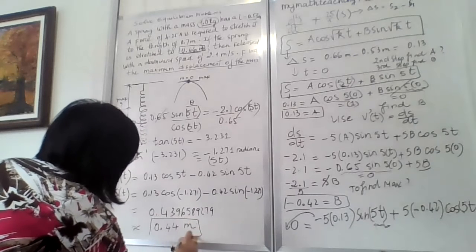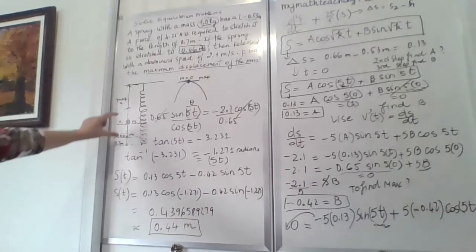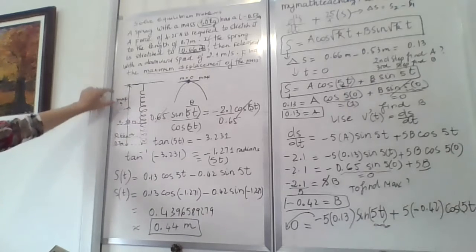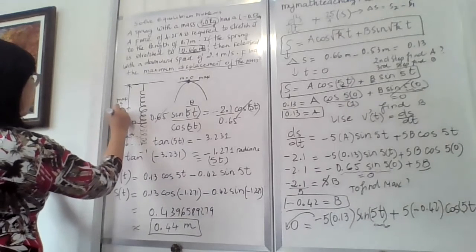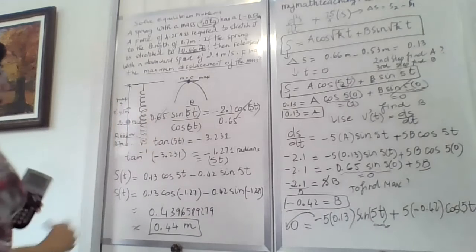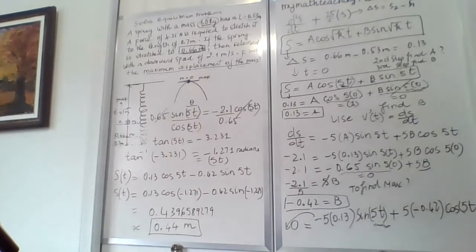So now we know the displacement of the spring mass when it goes back at this level is 0.44 meter. So we have solved this problem beautifully, isn't it?